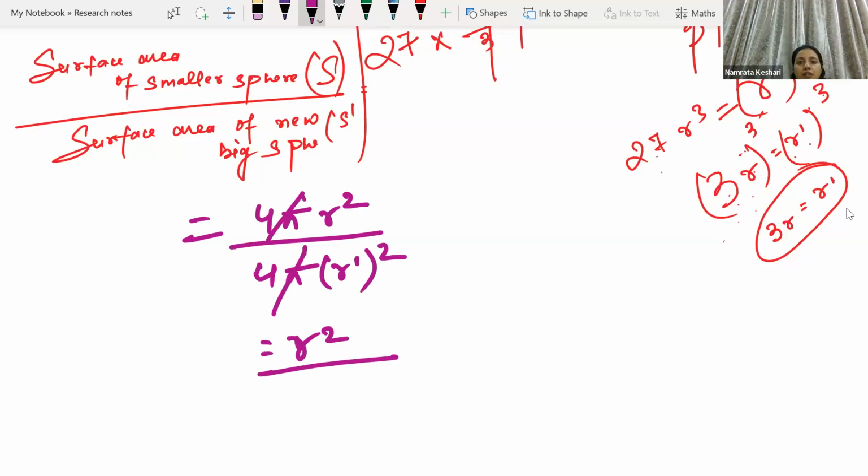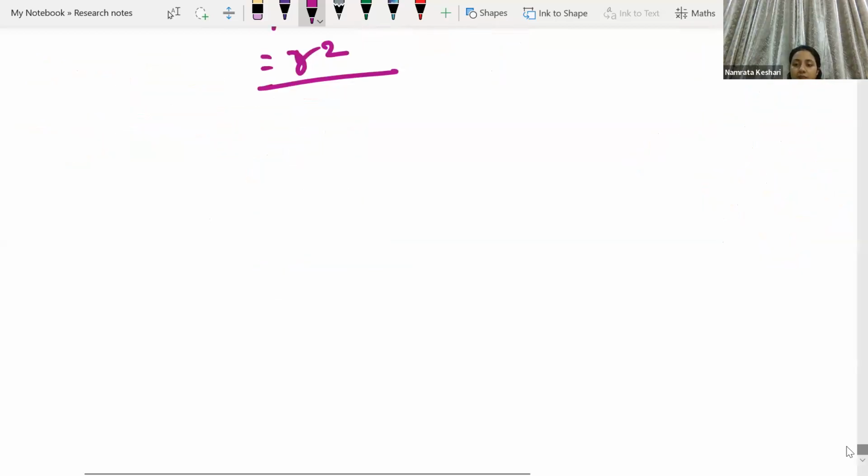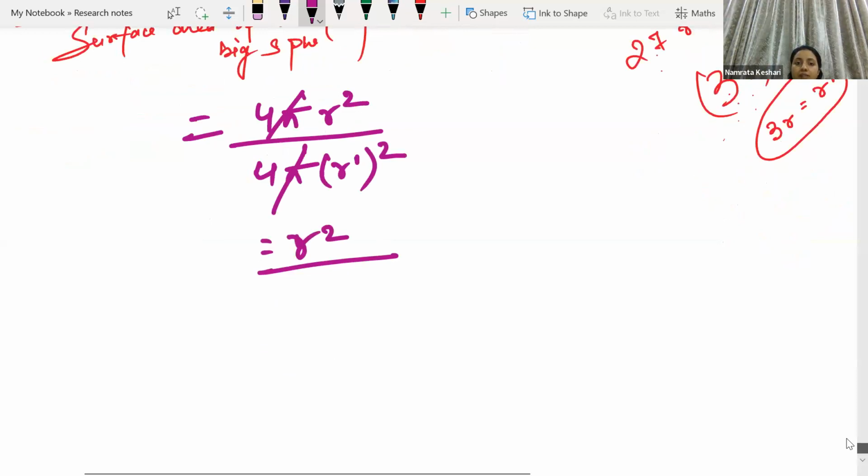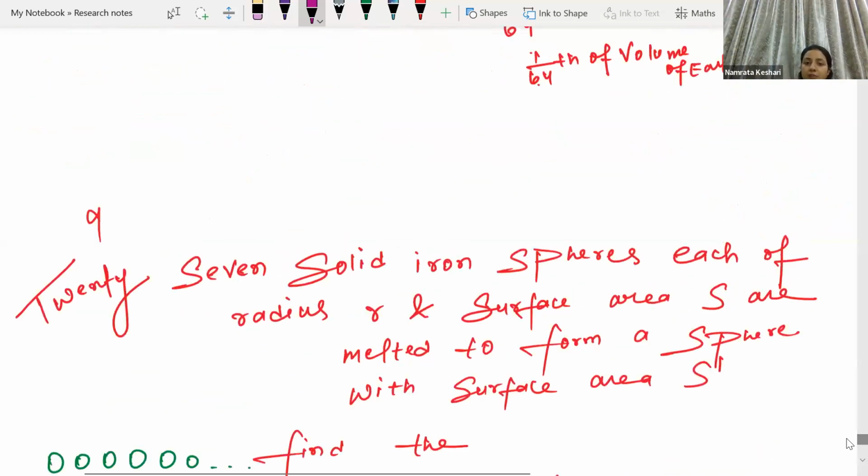But the actual question doesn't contain r dash. In the given part, r dash is not given. R, S and S dash are mentioned in the original question.